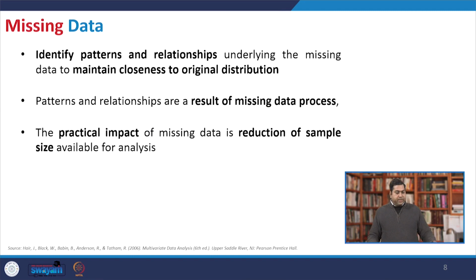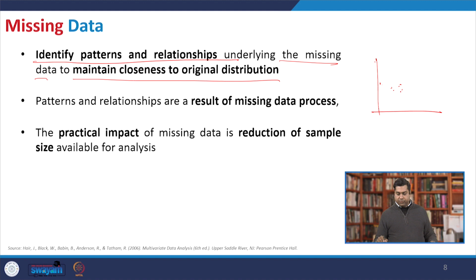Now, talking about missing data, this is basically to identify the patterns and relationships underlying the missing data, to maintain closeness to the original distribution. For example, in a particular plot you find all these data points like this, and then a few data points which are really away and not making any clusters or not matching the original distribution.